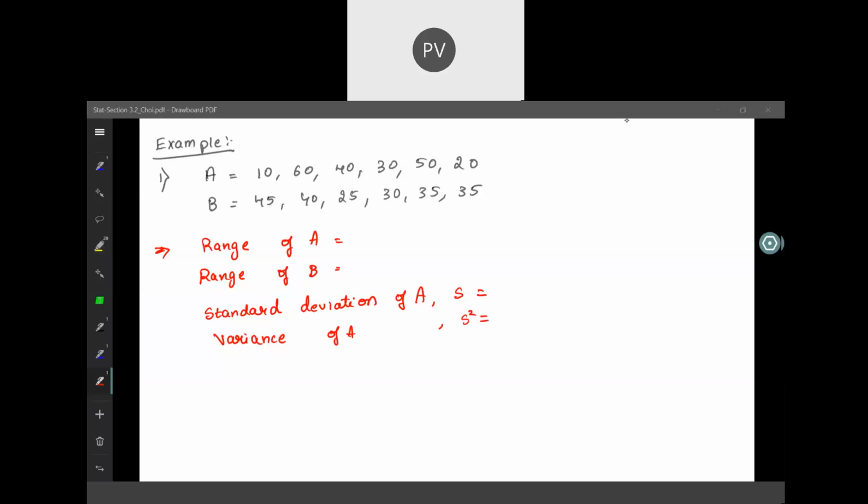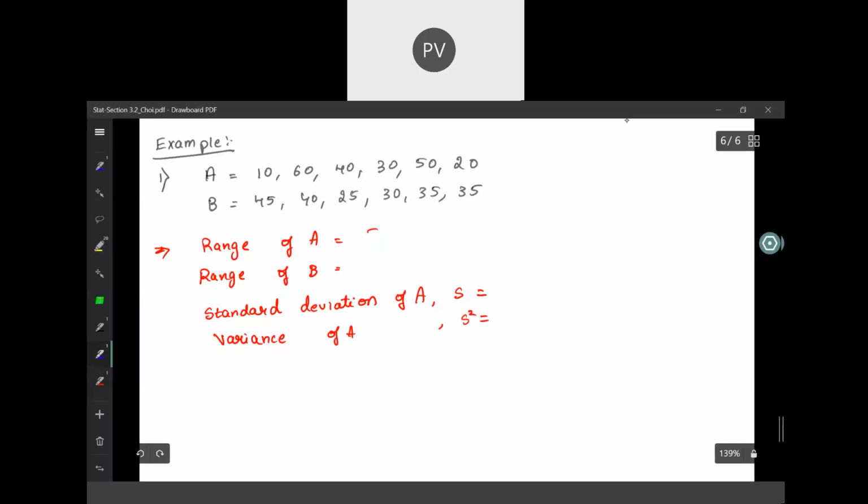Students in WebEx, anyone with the answer? What will be the range of A? Correct, 50 and 20.